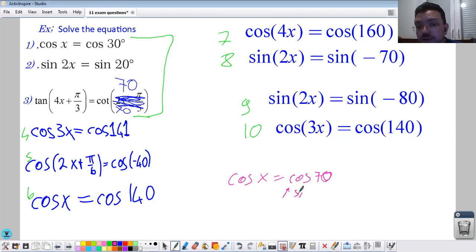If you have something like sine 50, you need to use these reciprocal ratios, like reduction, I forgot the name. Anyway, 50 is the same as 90 minus 40.